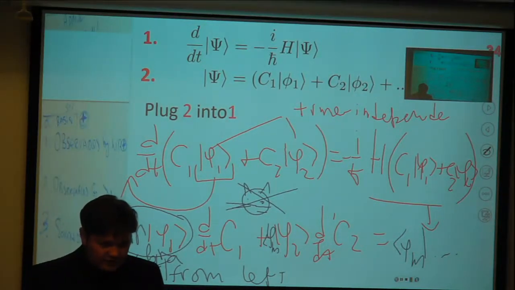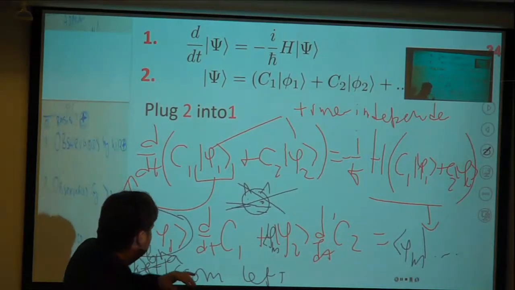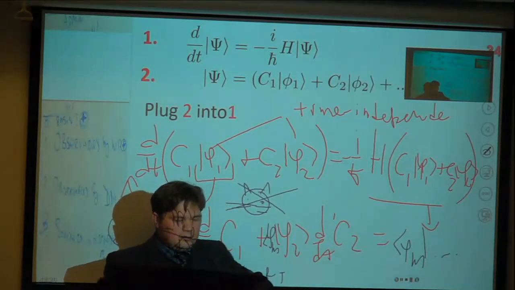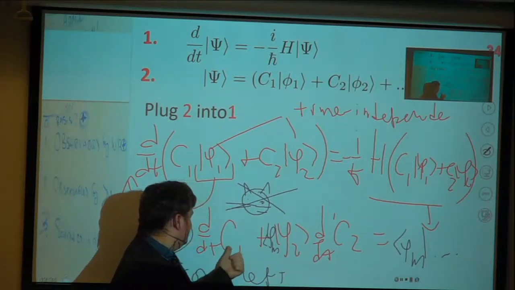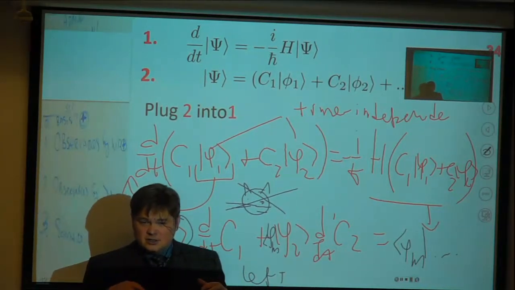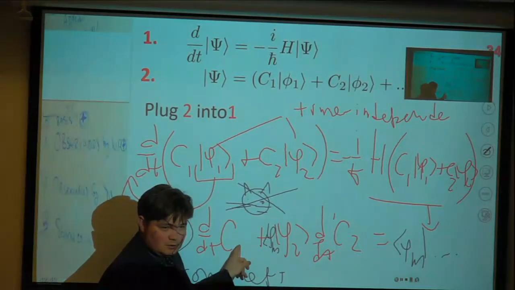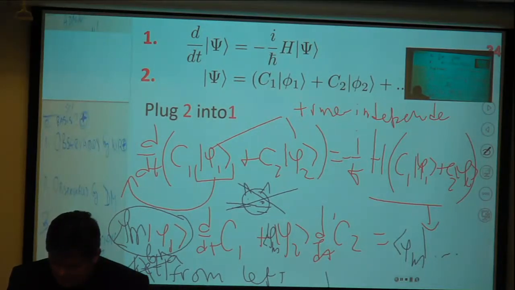Instead of continuous functions, they will become numbers, 1 or 0. Bra from the left, right? Through this trick, we remove any memory of continuous functions, functions of position, from here. We will have only dependence on time.